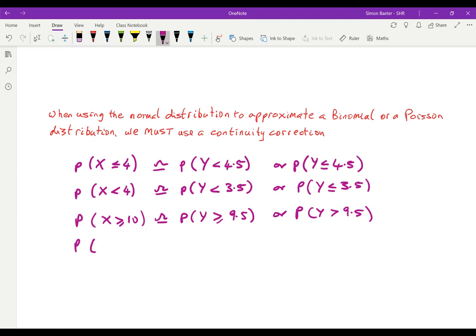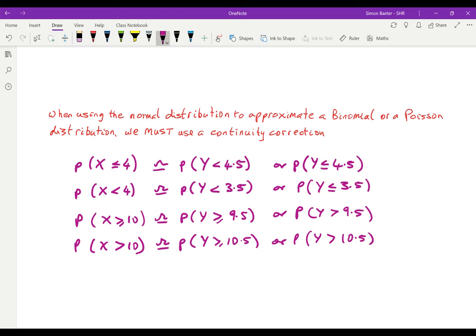And if I want to take the probability that X is bigger than 10, this time I don't want to include 10. If I start at 9.5, I include 10. I've got to start at 10.5. And again, I can use either of them.